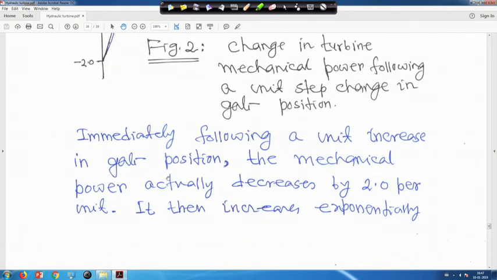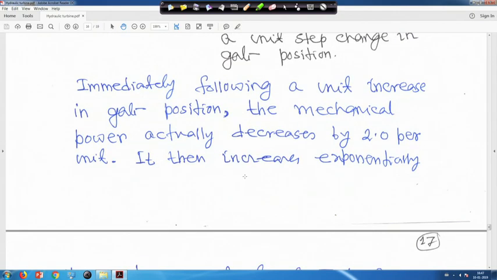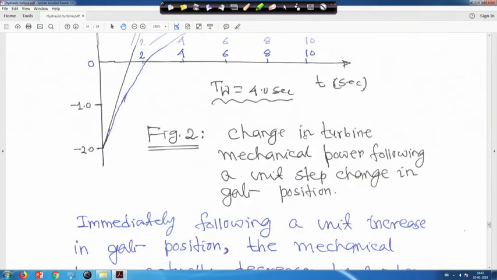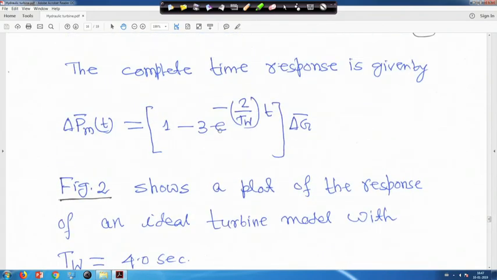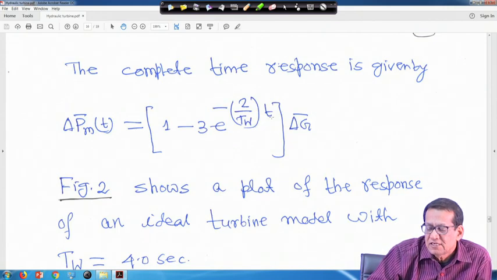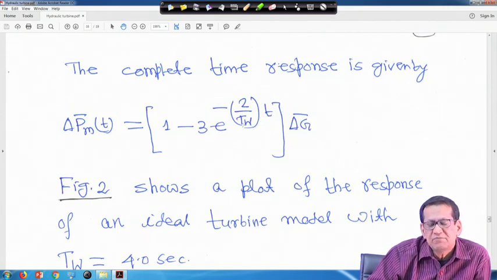Immediately following a unit increase in gate position, the mechanical power actually decreases by 2.0 per unit. It then increases exponentially with a time constant of T w by 2, right. Because if you look into the expression, it is e to the power minus 2 by T w into T, basically minus T by tau.